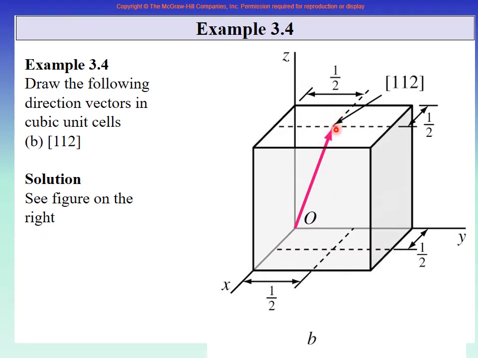Once you draw this point, locate this point, then join from origin to here. This is your direction vector, and it is 1 1 2, right? So this is how you do it. You look at the direction index number. If it is larger than 1, you divide all of the others by the largest one, you get the point coordinates, and then you see.